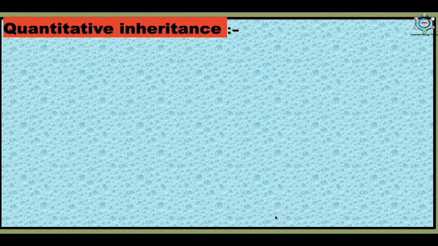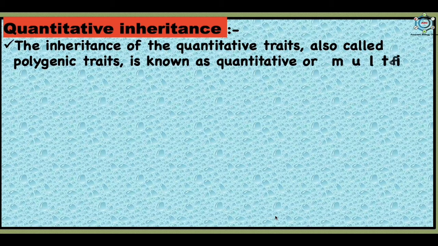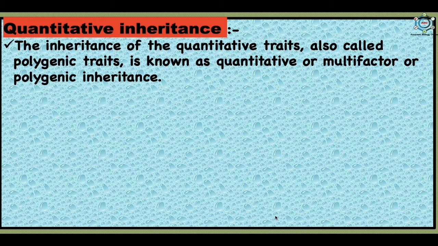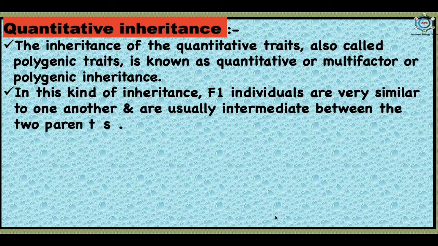Now, here you can see the quantitative inheritance. The inheritance of the quantitative traits, also called polygenic traits, is known as quantitative or multifactor or polygenic inheritance. In this kind of inheritance, F1 individuals are very similar to one another and are usually intermediate between the two parents.